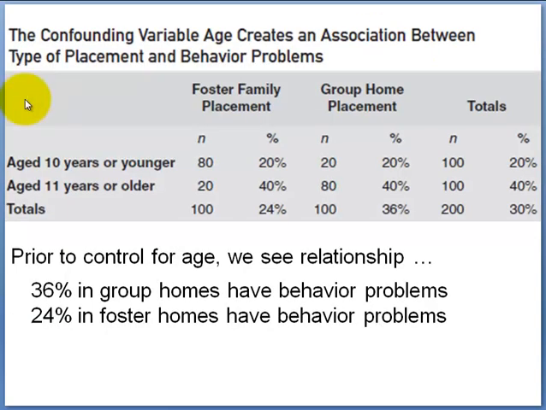So this chart is going to show you a very simple example of a confounding variable. It's not the best example, but it will work for our purposes. Let's look at the bottom row in our table. We've got 100 kids in foster family placement and 100 kids in group home placement. 24% of the kids in foster family placement versus 36% of the kids in group home placement have behavior problems.